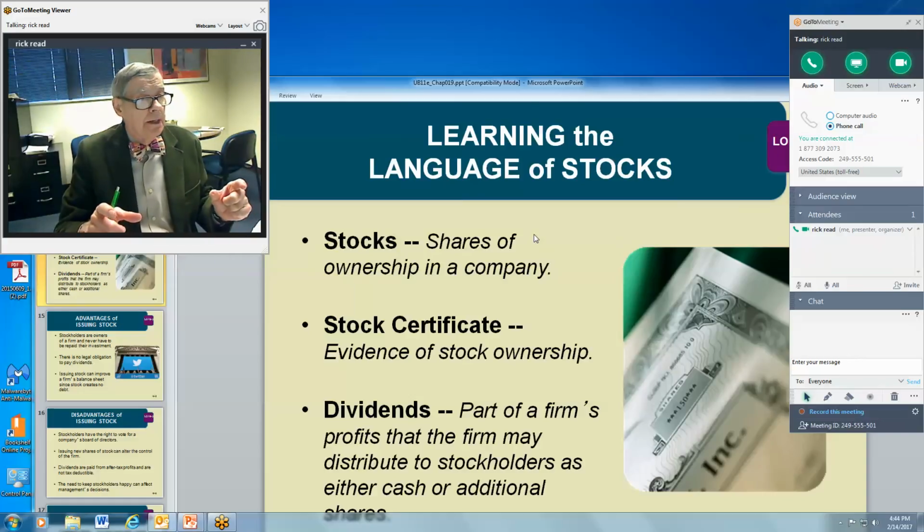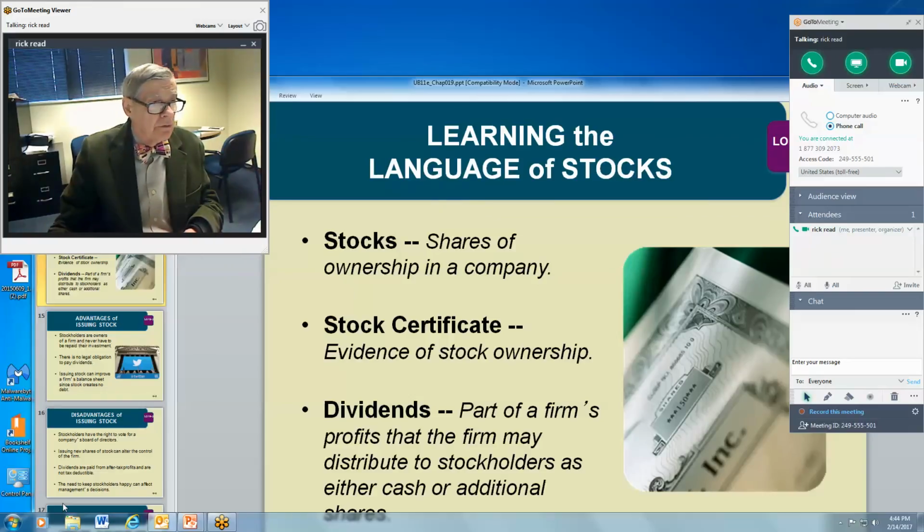One of the things I want to tell you is a certificate is negotiable. You can go to your broker. Every broker may not take it, but you could go to your broker and say, I've got this many shares of stock, I want to sell them, and they can facilitate a trade, because there'll be a number on there that says this person is a stockholder.